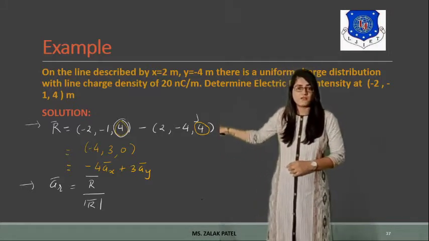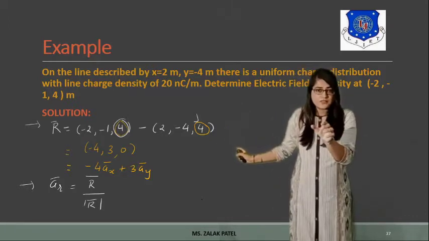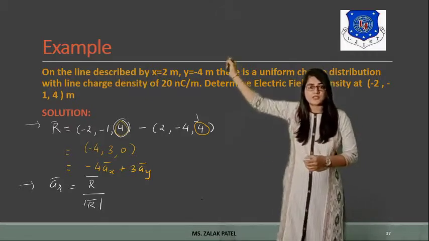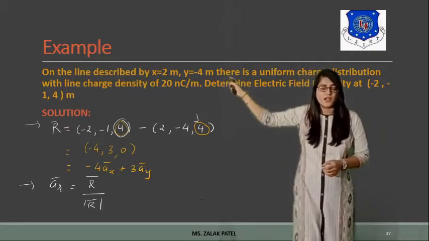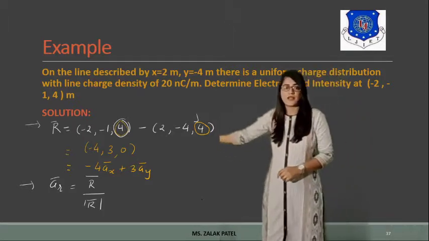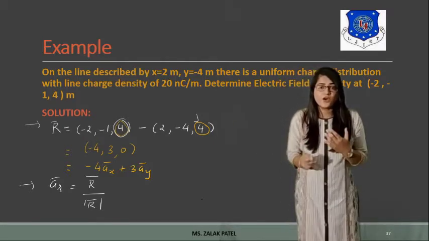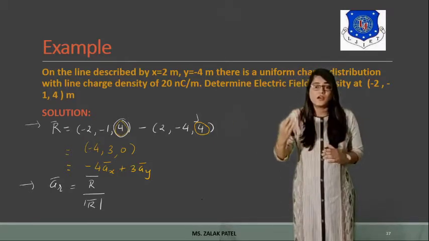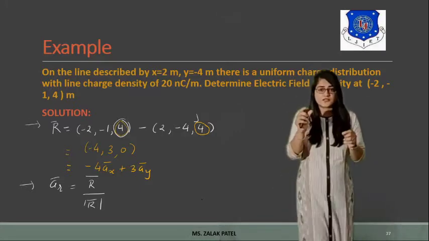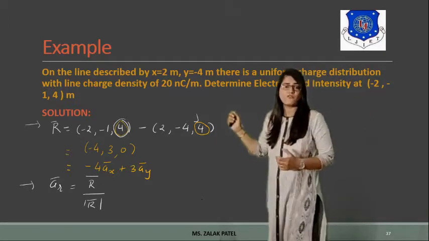In the second coordinate, 2 and -4 are kept as it is, because it is given in the problem statement that x equal to 2 and y equal to -4. And the third coordinate z you have to take from the point where we want the electric field intensity, that is (-2, 1, 4).